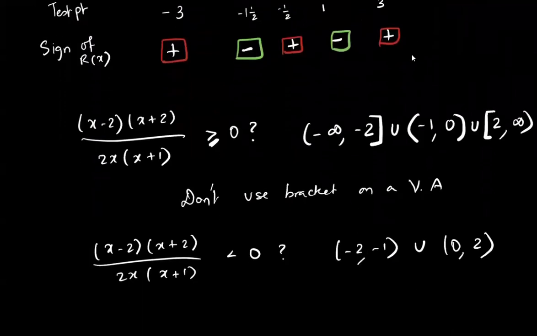Here, because there was no equal to in my inequality, I don't have to worry about brackets at all. It's going to be just parentheses. Okay. So that is how you will graph a rational function. Let us look at one more.